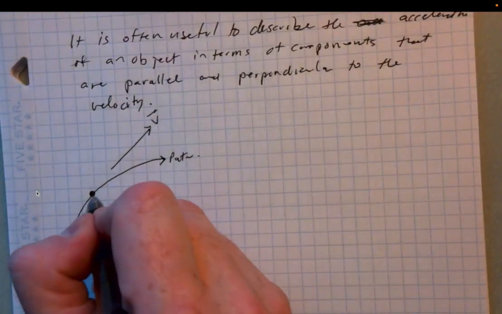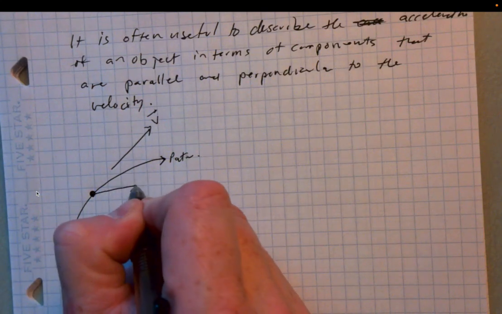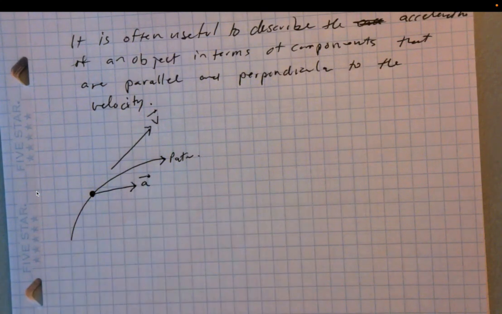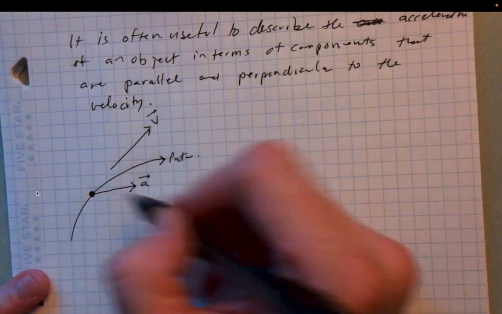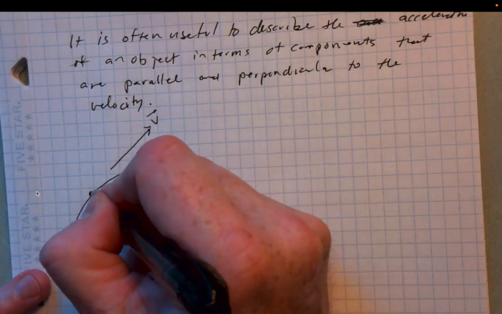And then my acceleration, we just learned, is going to be off the path. It's not going to be tangent to the path. It's going to be in the direction of the concave side of the path. So it'll look like this.